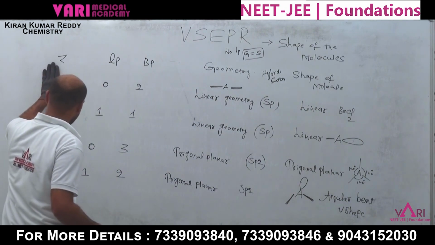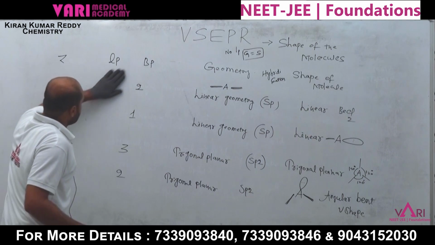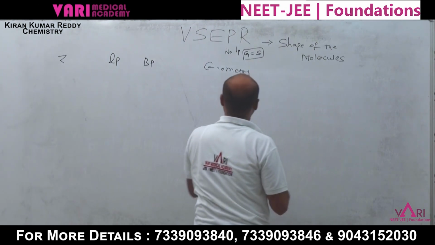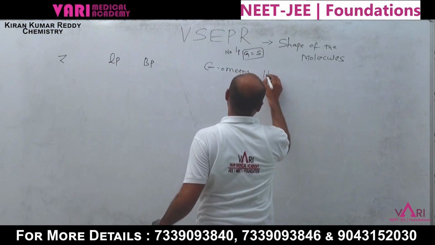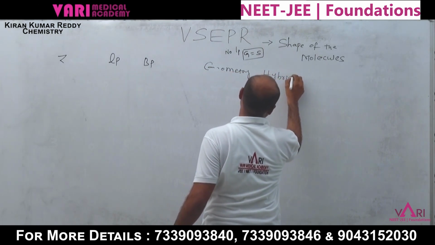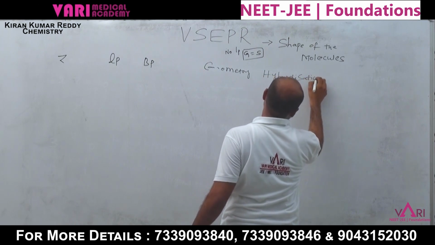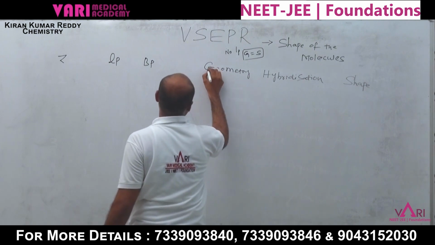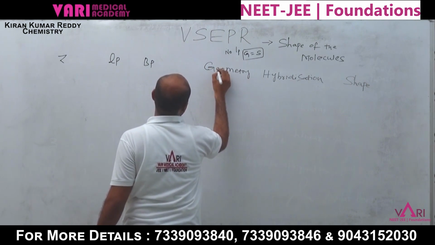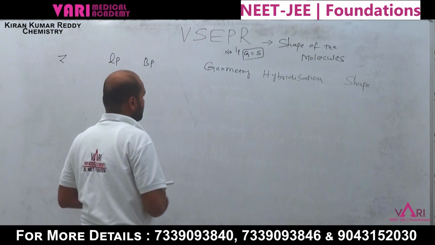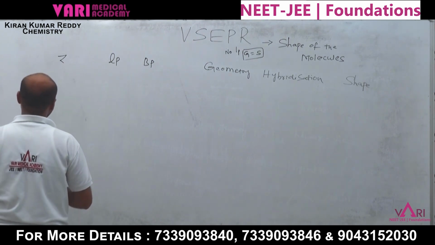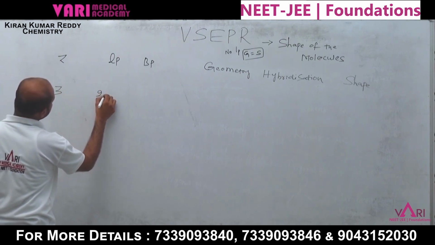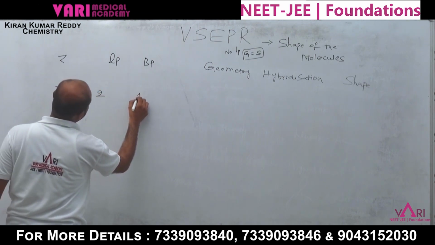Next one is same Z is equal to 3, here I am writing shape of the molecule, hybridization, and geometry. Geometry is responsible for hybridization. Okay, now Z is equal to 3, 2 lone pairs are present, 1 bond pair is present.